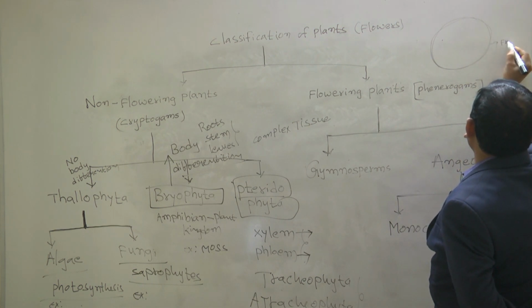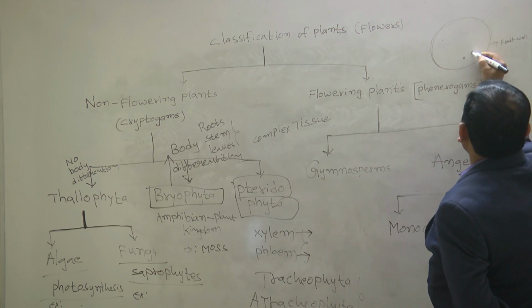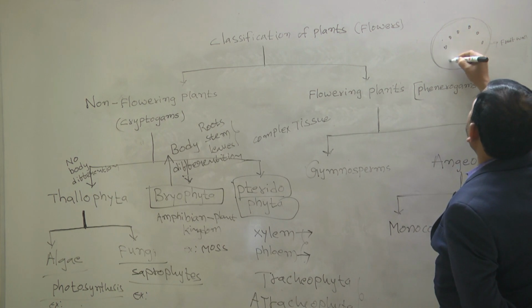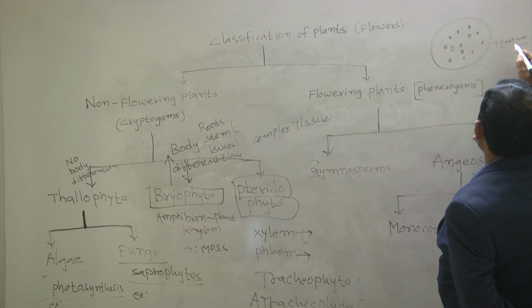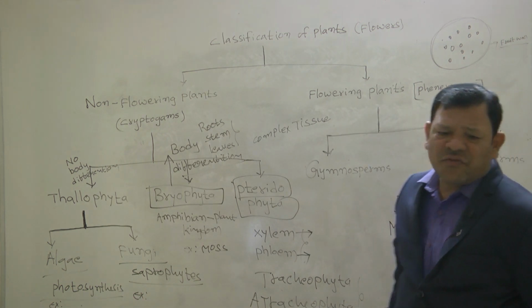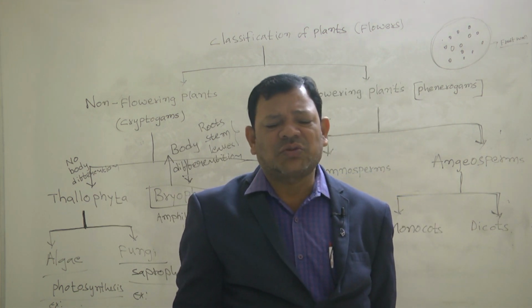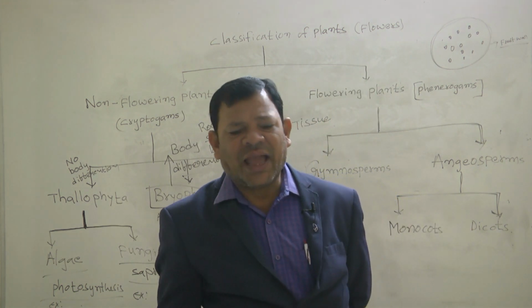After the fruit wall, we can see that seeds are present inside that fruit wall. All the plants like that belong to the angiosperms.